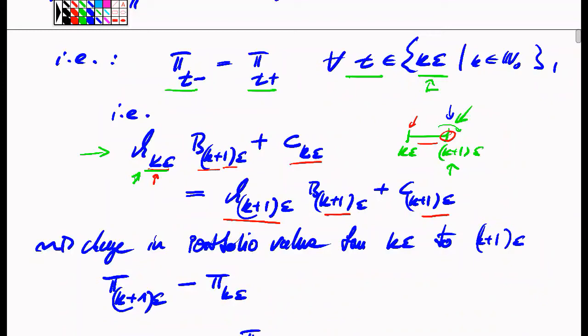So we want that these two quantities are the same. These two quantities represent the wealth of the investor at the end of the interval from k epsilon to (k+1) epsilon, and the wealth of the investor at the beginning of the subsequent interval.